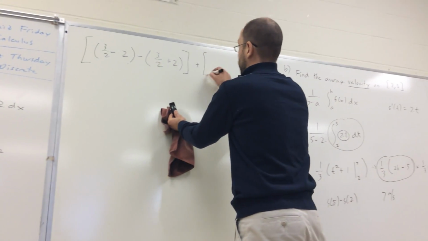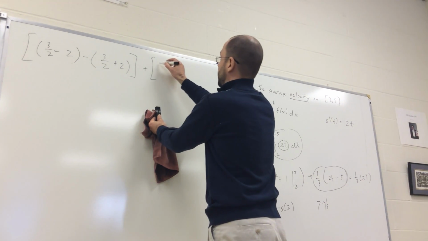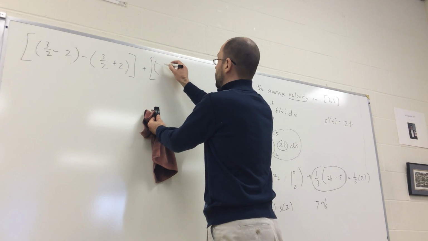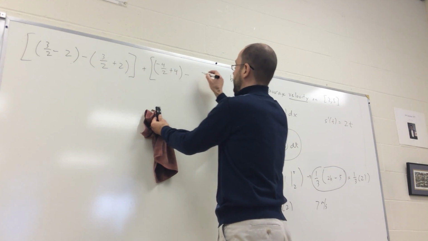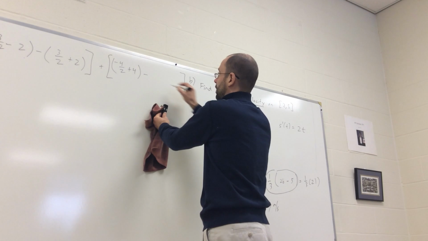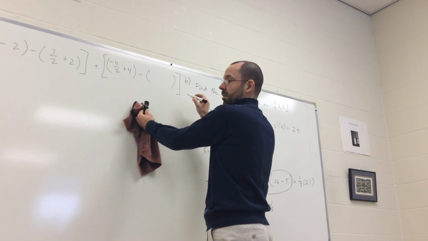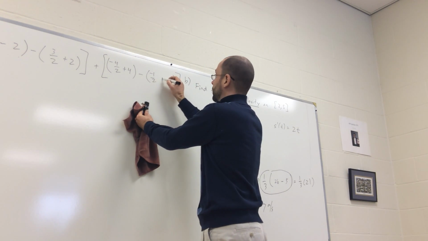Okay, then for the second integral, I get -4/2 plus 4 minus -1/2 plus 2.